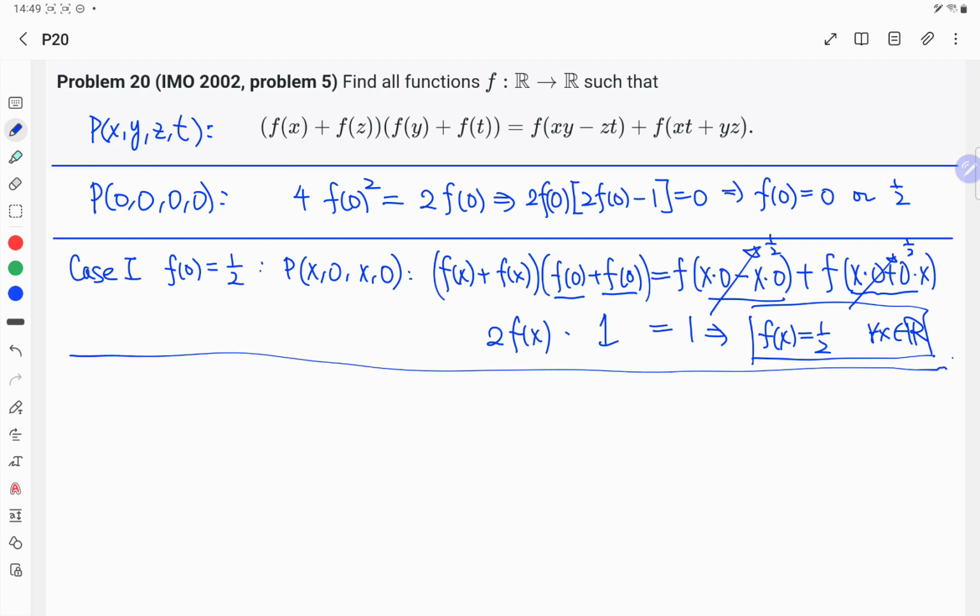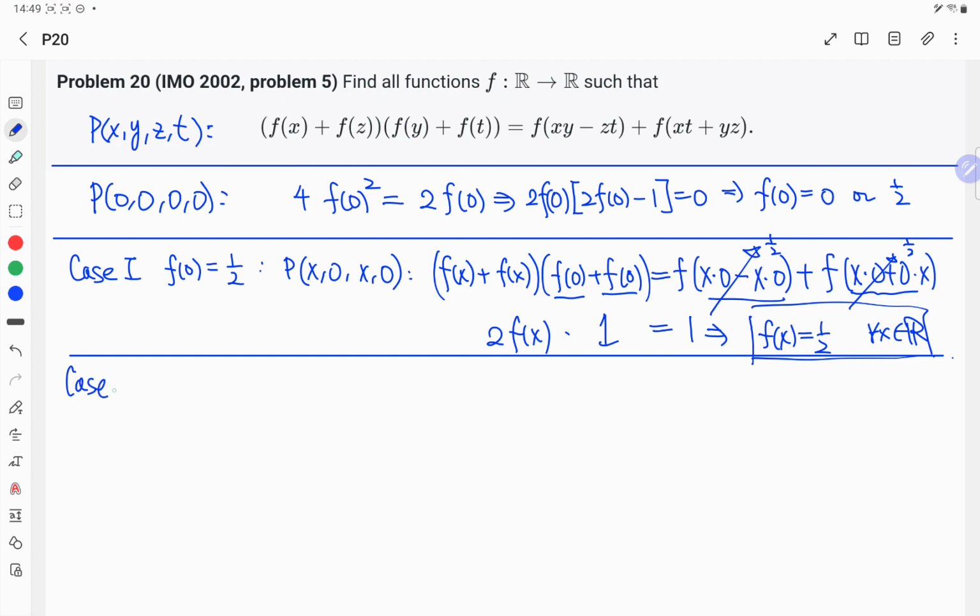Okay, so for case number 2, we can try f(0) equals 0. After getting the value of f(0), let's try to find f(1) by picking P(1, 1, 1, 0). Let's see what we'll get. Here we have f(1), and z is also 1, so f(1) plus f(1), times f(y), which is f(1), plus f(0).